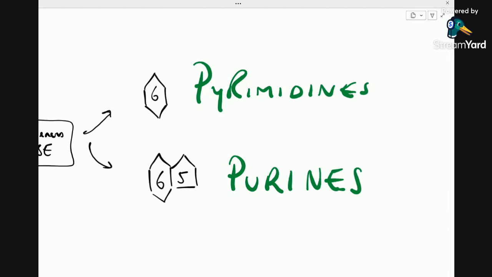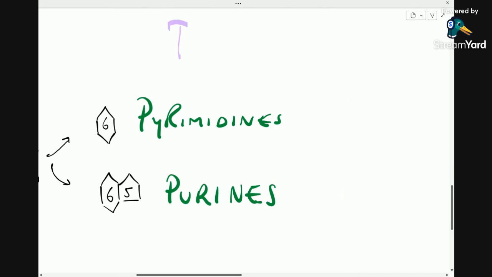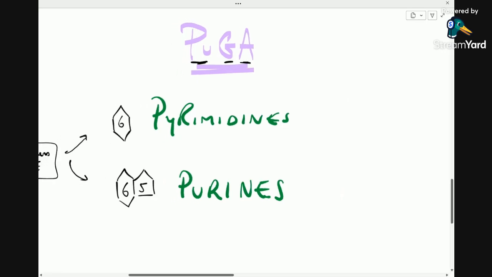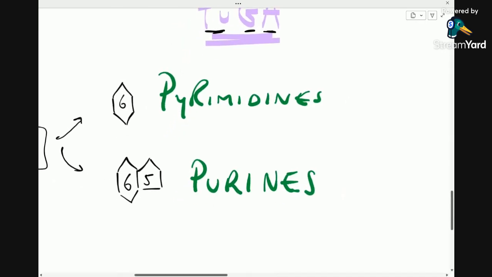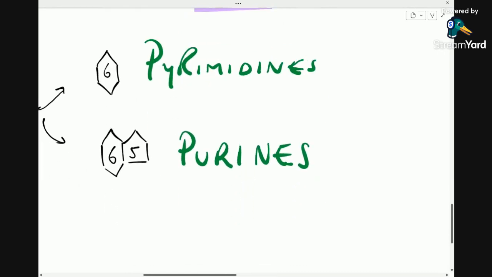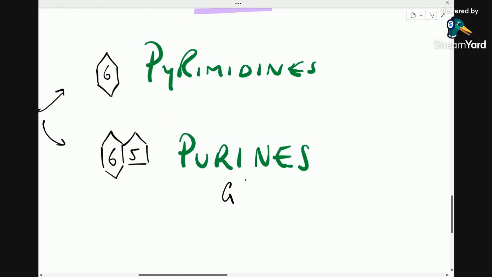The only other thing you need to know is a mnemonic, which I call PUGA, like that, which stands for purines are G and A. So guanine and adenine as two of your 4 bases in DNA. G and A are your purines, Pu. So G and A, guanine and adenine, are down here.